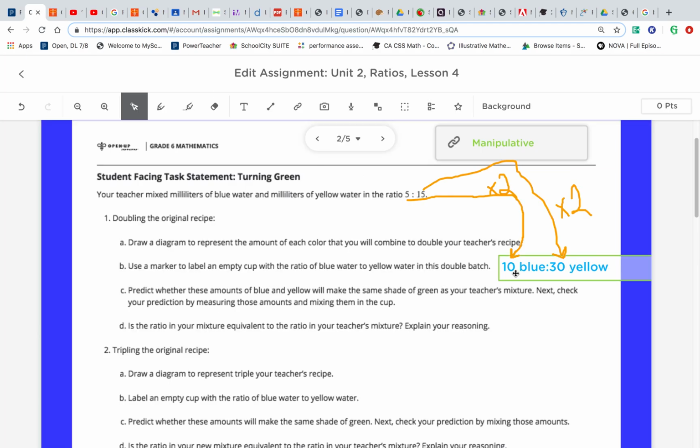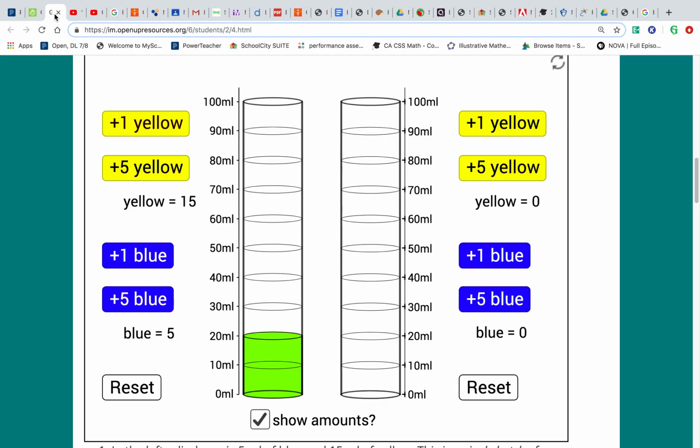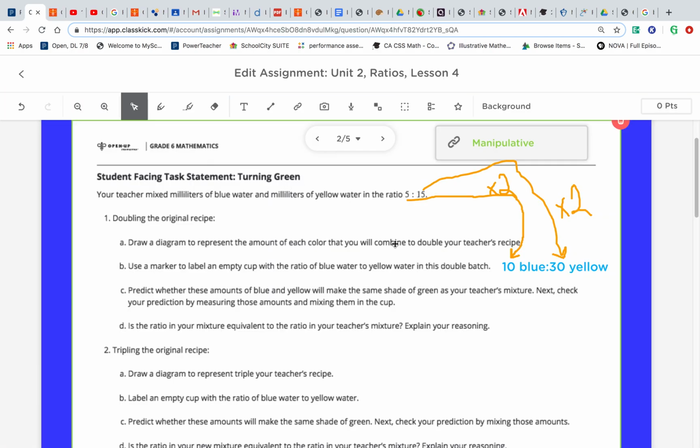If we double the batch, that means 10 blue and 30 yellow. So on this other cylinder, we can add in 10 blue and then 30 yellow. If it's by plus 5, I'm going to be doing 6 of these: 1, 2, 3, 4, 5, 6. There you go. You can see it's now the same, as it should be. It's the same ratio. We're using the same ratio, 5 to 15, 10 to 30.